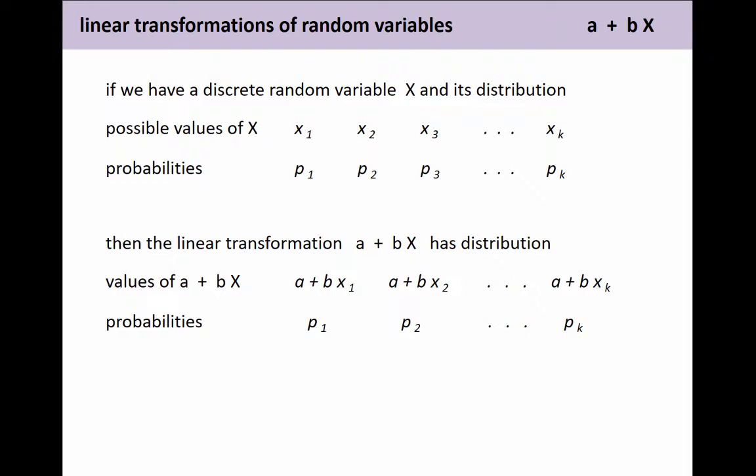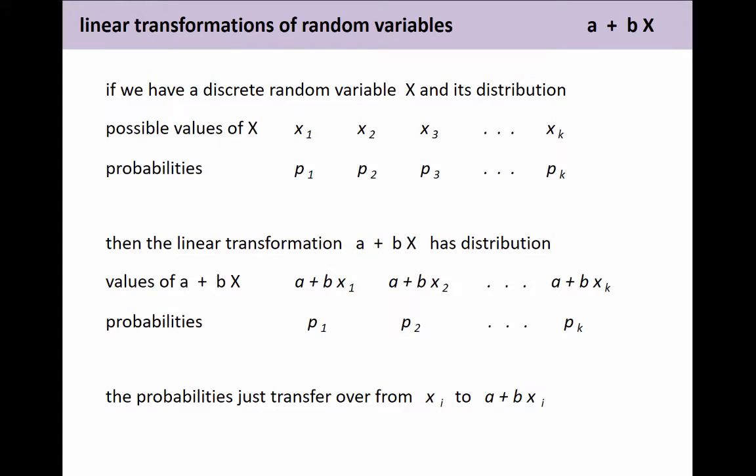If we make a linear transformation, we multiply every value by b and add the constant a, then this new random variable a plus bx has the set of values a plus bx1, a plus bx2, up to a plus bxk, and the probabilities just directly transfer over from the values of x.